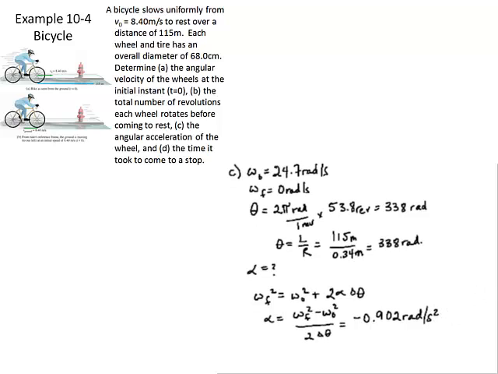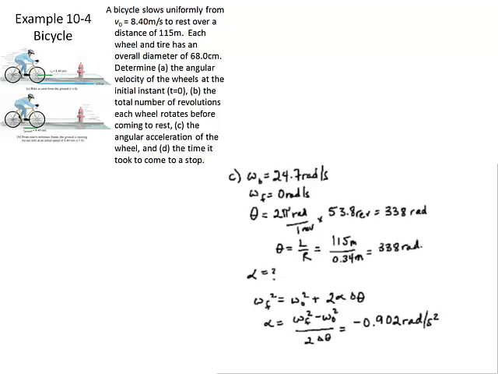Finally, in part D, we can use some of the same known and unknown quantities. Omega initial is 24.7 radians per second. Omega final is 0 radians per second. Probably the easiest thing to do mathematically would be to use our calculated value of negative 0.902 radians per second squared in order to find the time.